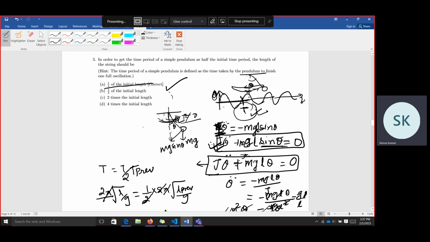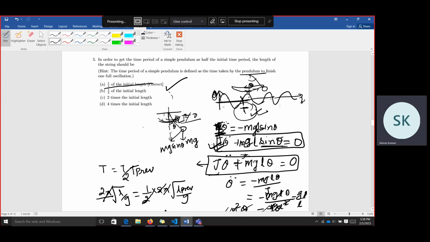Basically, this is a shortcut step, or one thing we can do is to linearize this dynamics around this angle 0, which is the vertical axis.